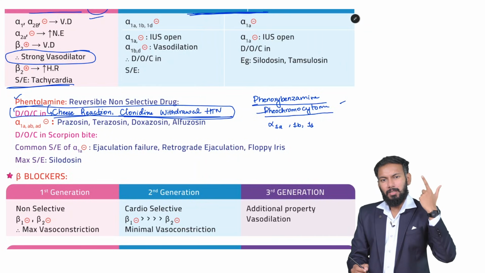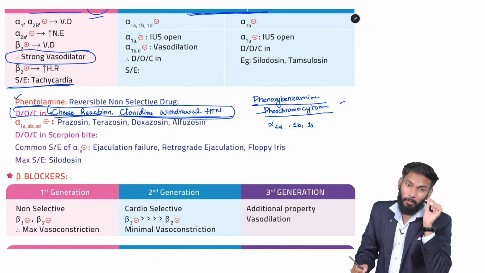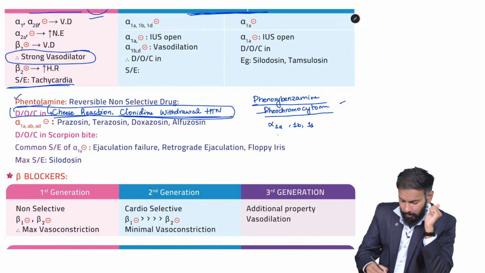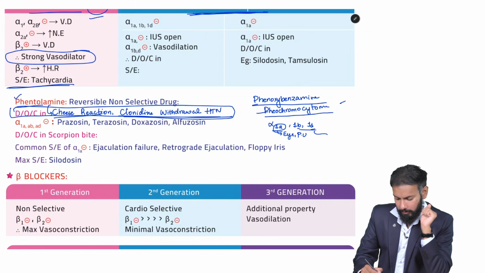If you can recall it, alpha 1 is the most important, so it is present on the most important sense, that is the eye. So it should be alpha 1A. So on the eye and prostatic urethra we have alpha 1A. Now B and D receptors, these are present on blood vessels and they will cause vasoconstriction.